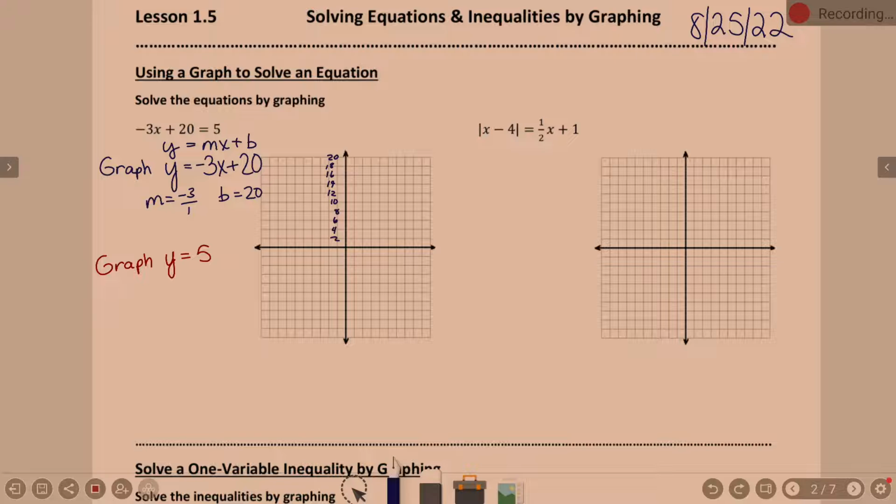Okay, so we're going to have a y-intercept of 20. There's my y-intercept. In terms of slope, we're going to have to count 3 over 1. Now, I don't feel like we have to scale the horizontal by twos.